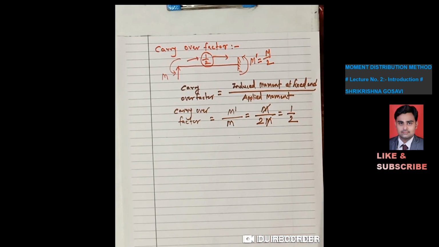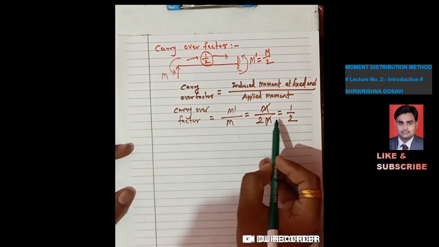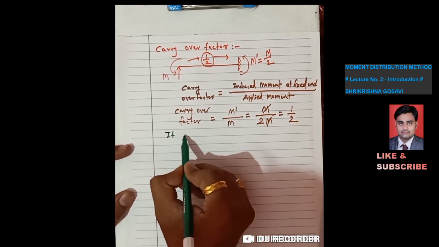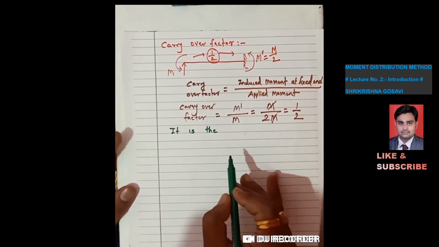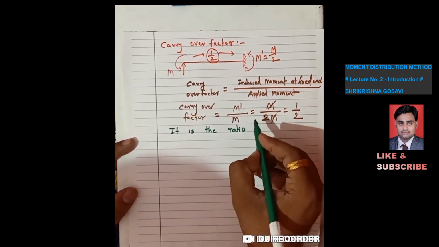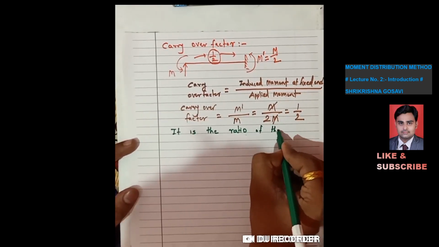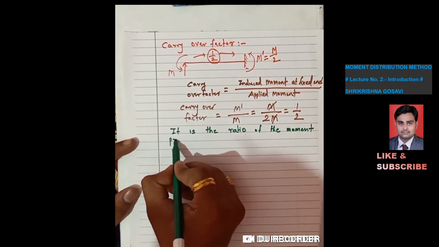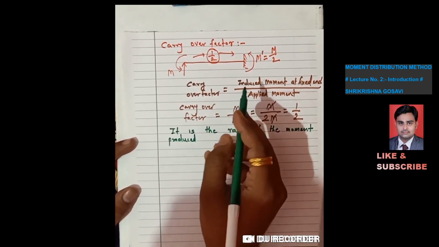Now we will write down the definition of this. As we are seeing here, the carryover factor is the ratio of the moment produced or generated, one and the same thing, at the point, or we can say at the joint.